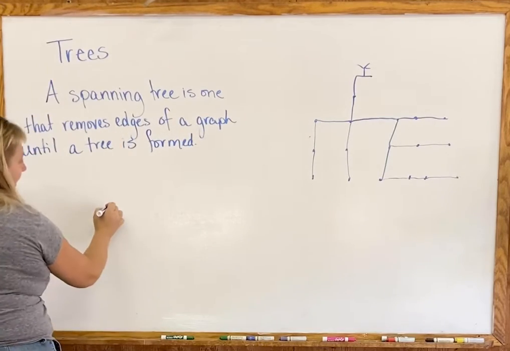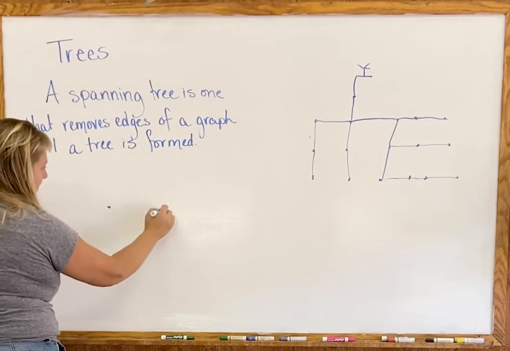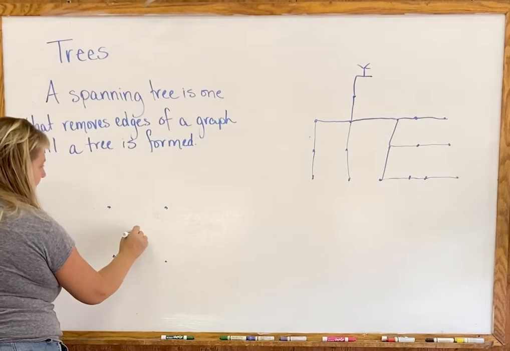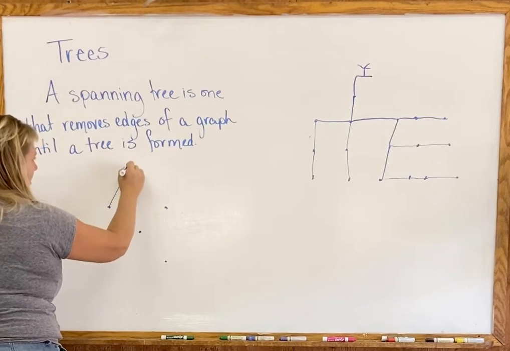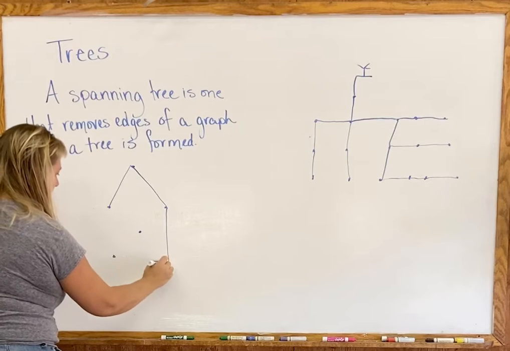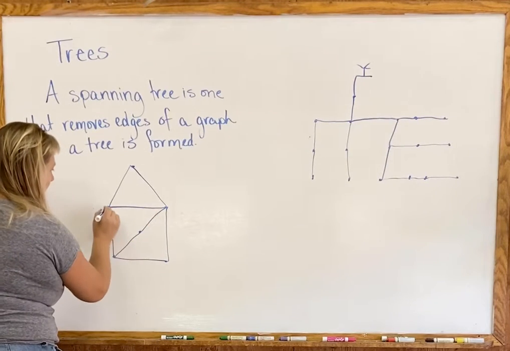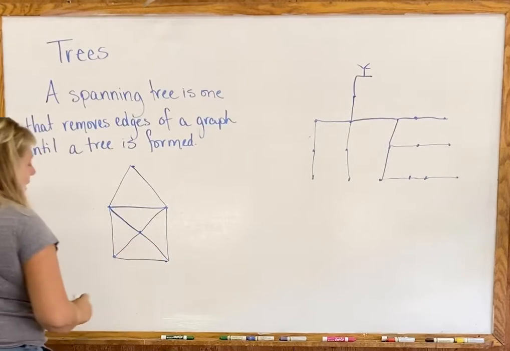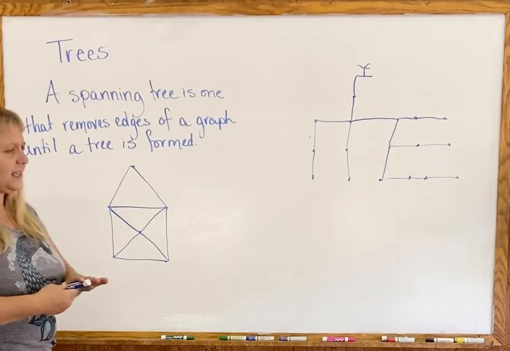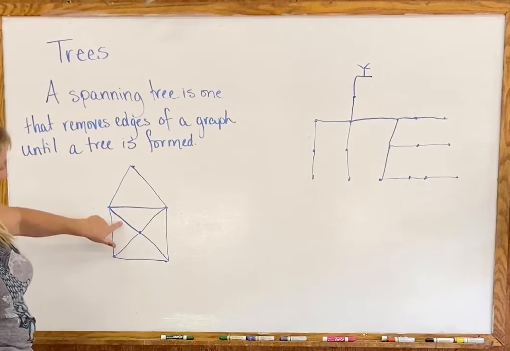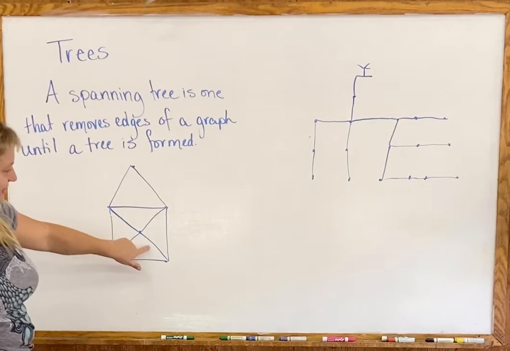So I'm going to go back up here with our basic example that we've already had a number of times. Okay, our house with the lines through it. Now the thing to remember, the one thing that gets people here is remember that this is an edge and that is an edge.